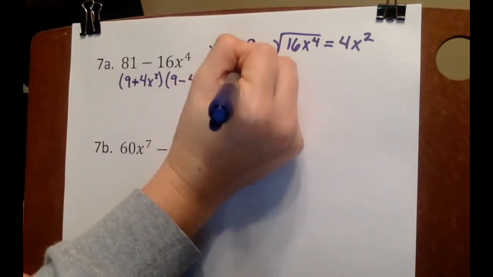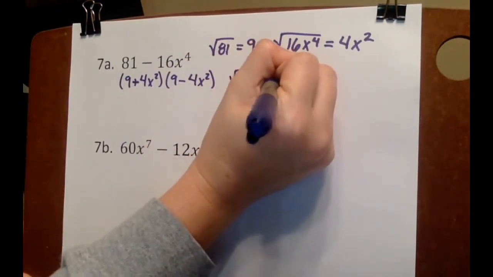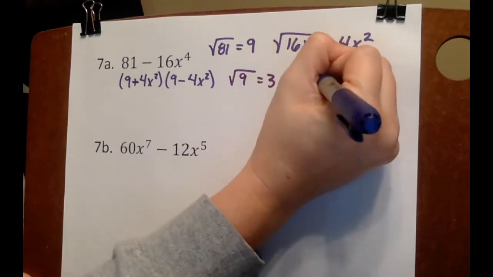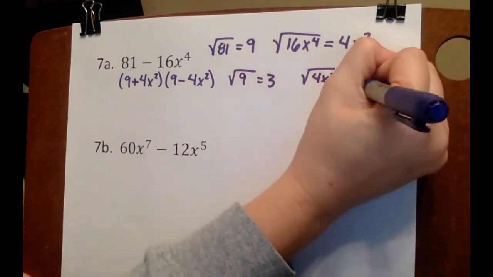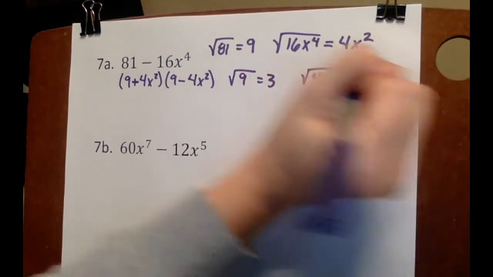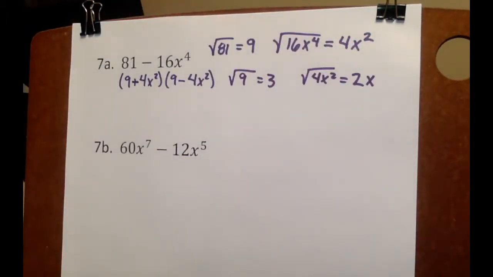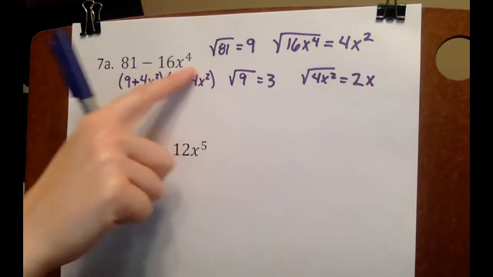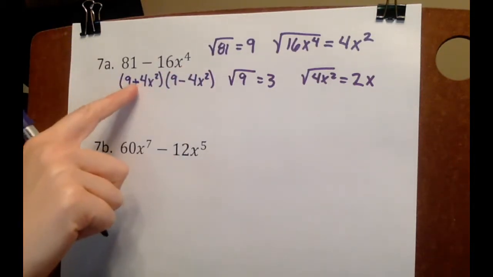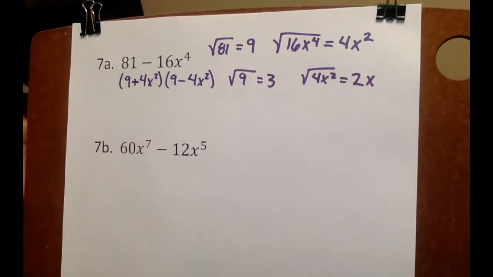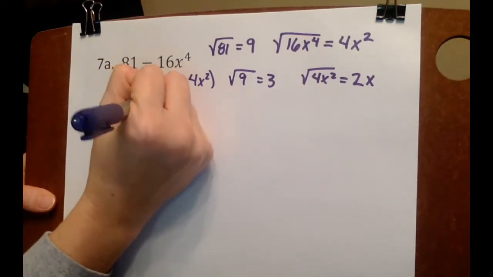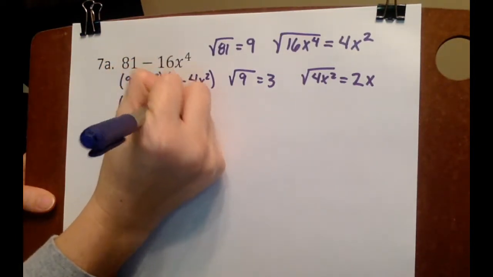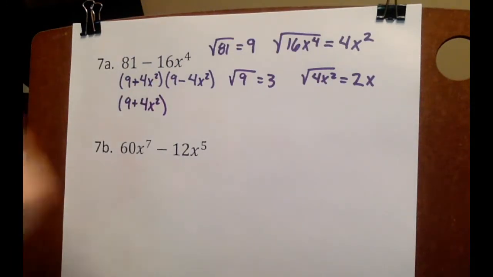Let's do it again. The square root of 9 is 3. The square root of 4x squared: the square root of 4 is 2, and the square root of x squared is x. So that's our new A and B for factoring this difference of perfect squares. The sum of squares, remember, is not factorable when it has the plus sign, so leave that in your factored answer: 9 plus 4x squared.